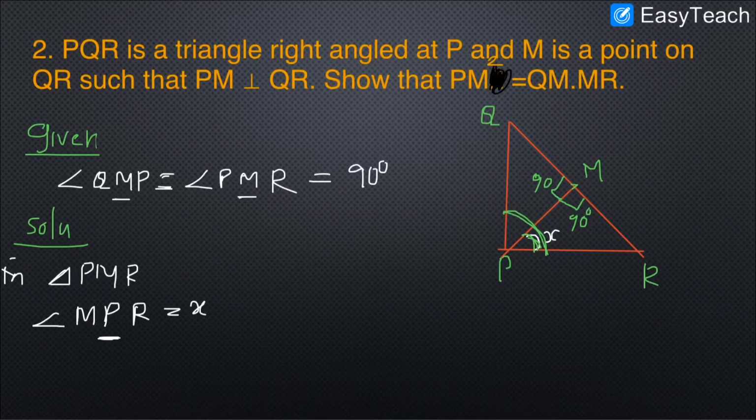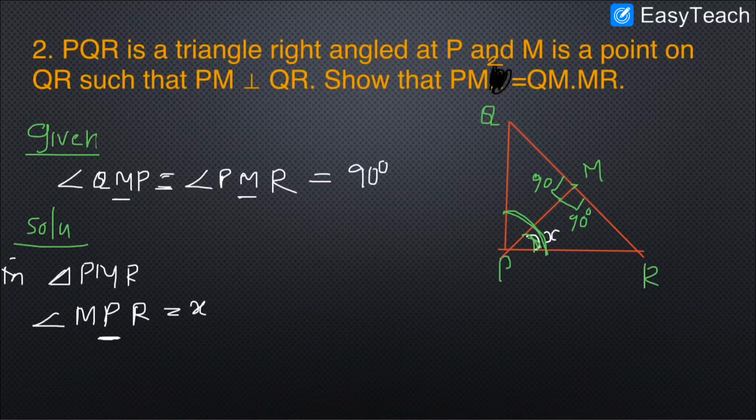From the picture we observed that the corresponding angles are equal. So we are able to say triangle PQM and triangle PMR are similar as per the AA similarity criterion.